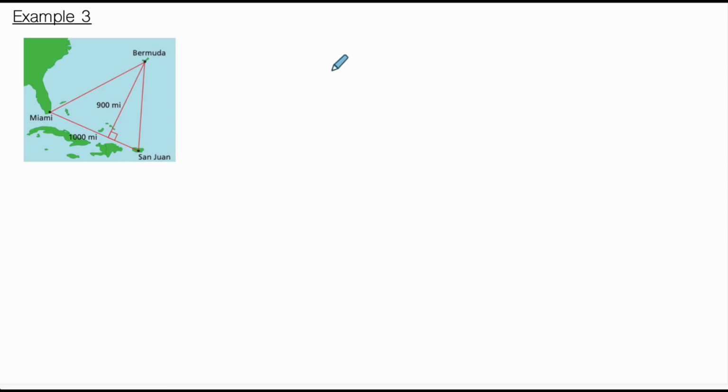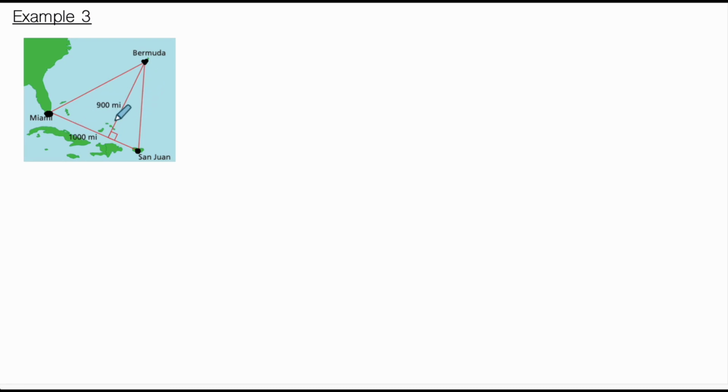Lastly, let's do one more example. I don't know if you've ever heard of the Bermuda Triangle, but it's this place where it's been rumored that a lot of ships have been lost. It's like this weird place in the ocean, and people have triangulated the area of where that Bermuda Triangle is, and the triangle is formed from Bermuda to San Juan to Miami, and we can find what's the area that this little weird space in the ocean that swallows ships up.